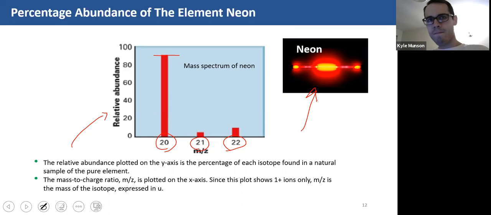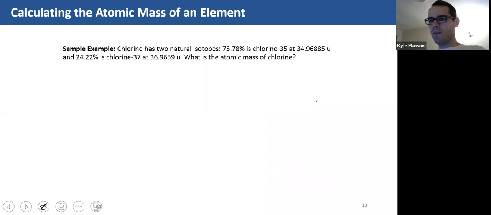So how do we take this knowledge and solve some problems that we'll encounter throughout the rest of the semester? Here's an example. Chlorine has 2 natural isotopes. You found a bunch of chlorine in nature, and it has these 2 isotopes mixed in. About 75.78% of the chlorine is the chlorine-35 isotope, with a mass of 34.96885 atomic mass units.